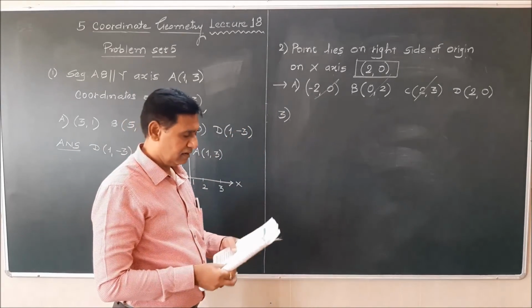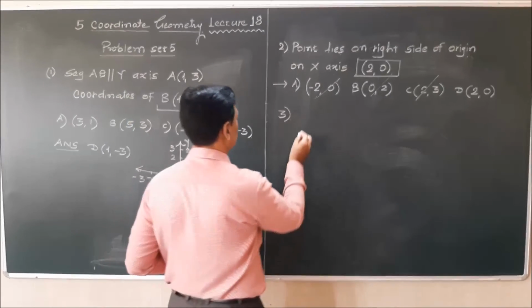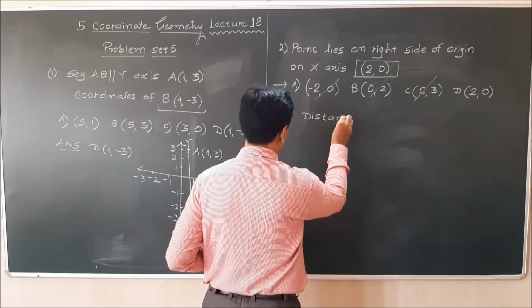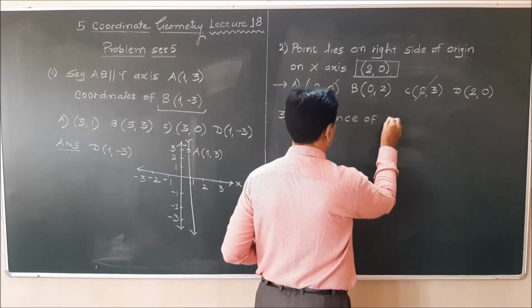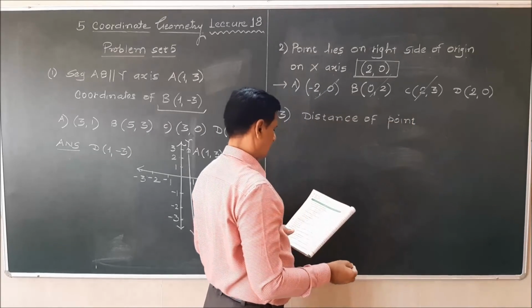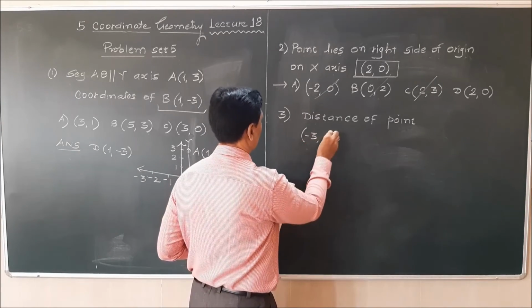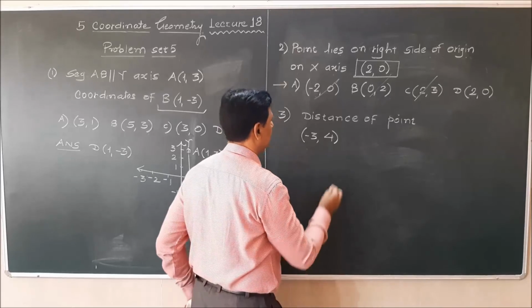Question number 3. Distance of the point (-3, 4) from the origin.